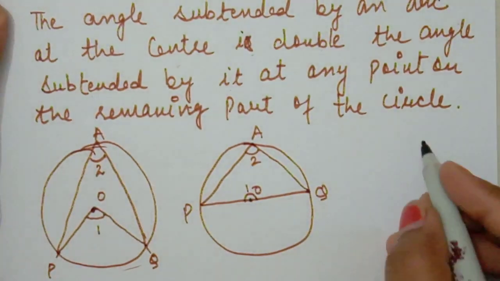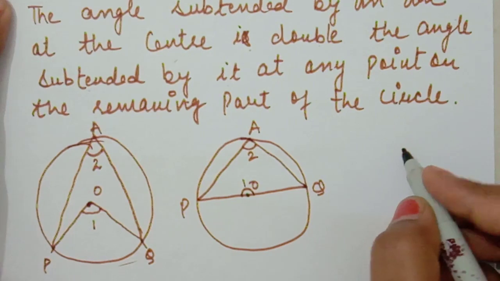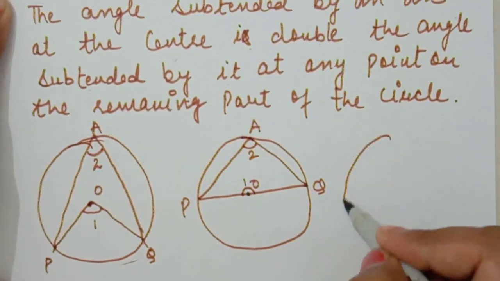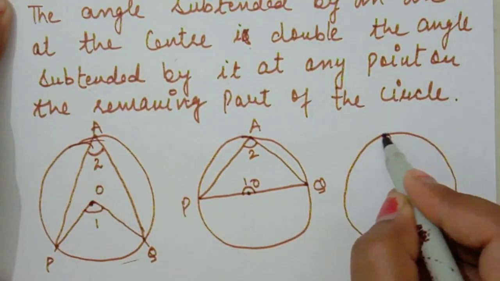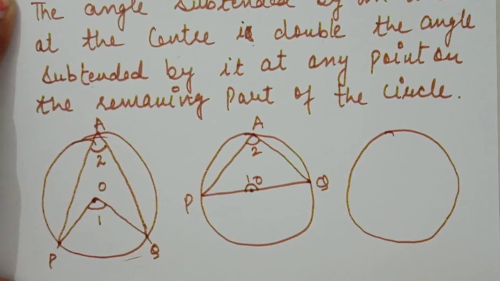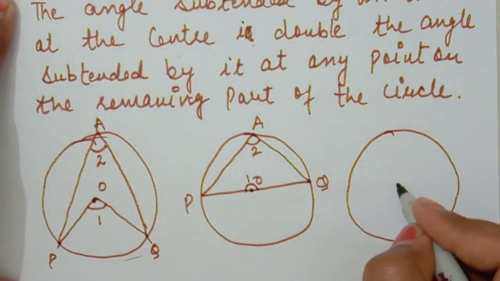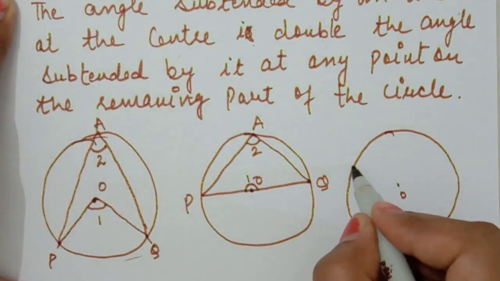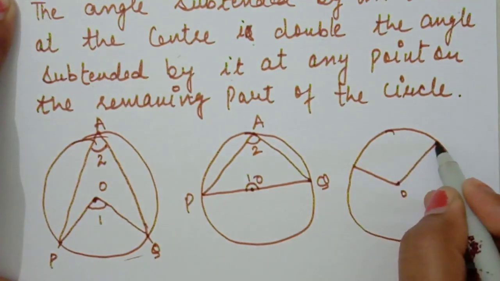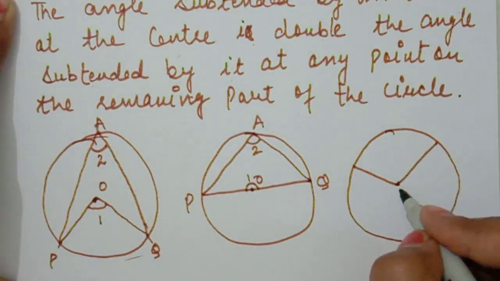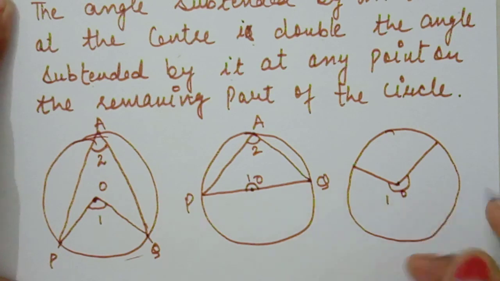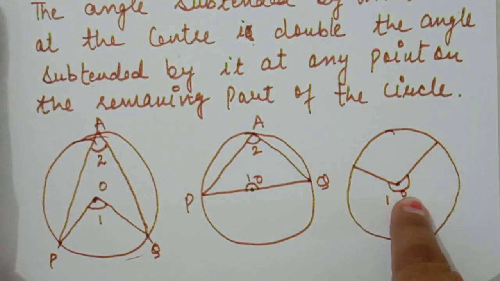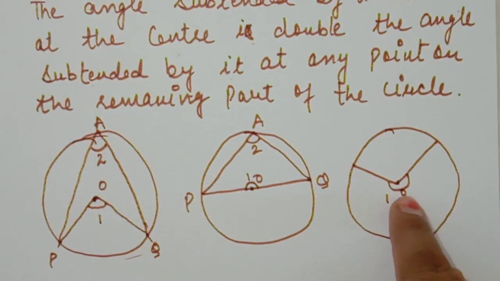So students, now the third possibility of this theorem is that the arc will be a major arc. If we have a center O, then this is a major arc now, and this is our angle 1, made by the arc at the center of the circle.